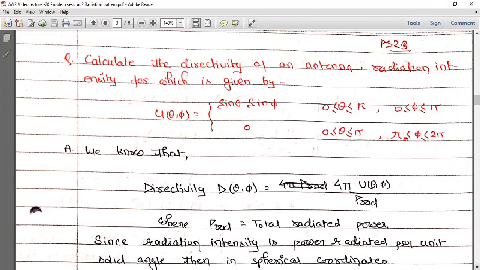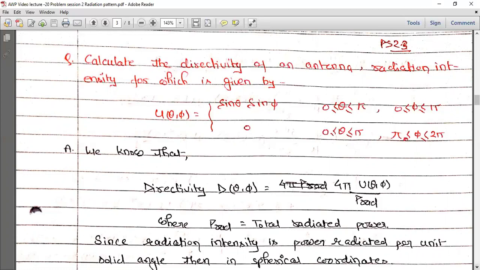Now, if you consider a cone with its center on the antenna, extending in a particular direction, this cone is having some space, some three-dimensional space, and this measure of the three-dimensional space within the cone is known as the solid angle.